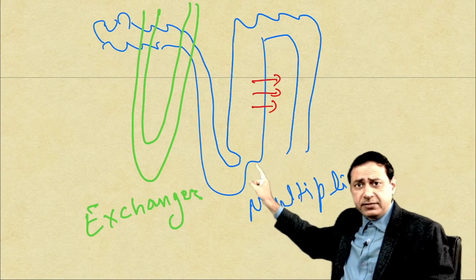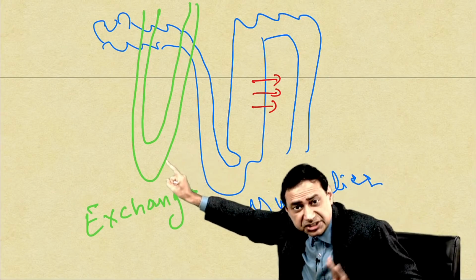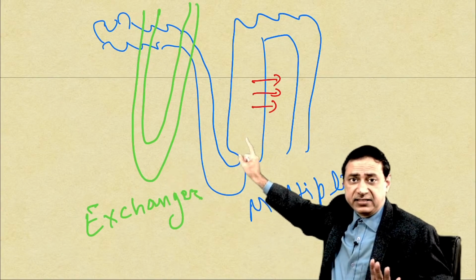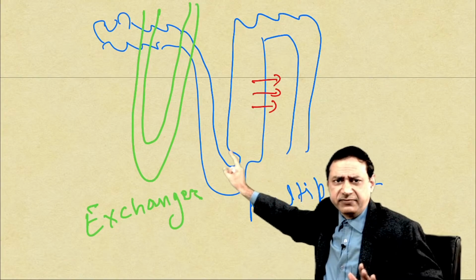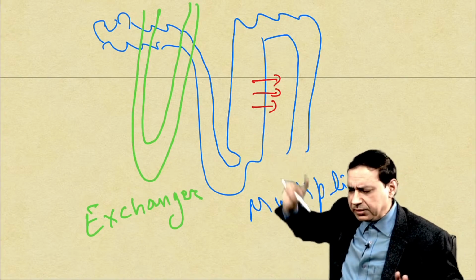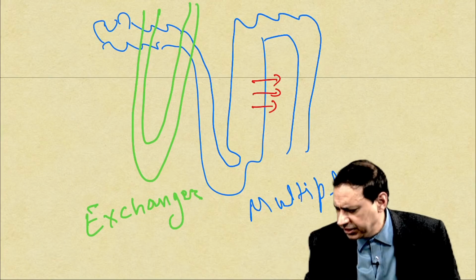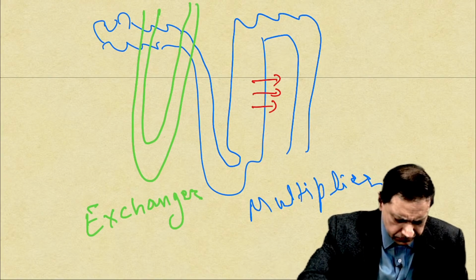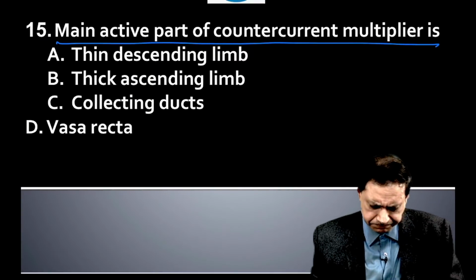Countercurrent multiplier in the loop of Henle, countercurrent exchanger here. Grossly speaking, this is active and this is passive. Which part is main? The thick ascending limb is main.